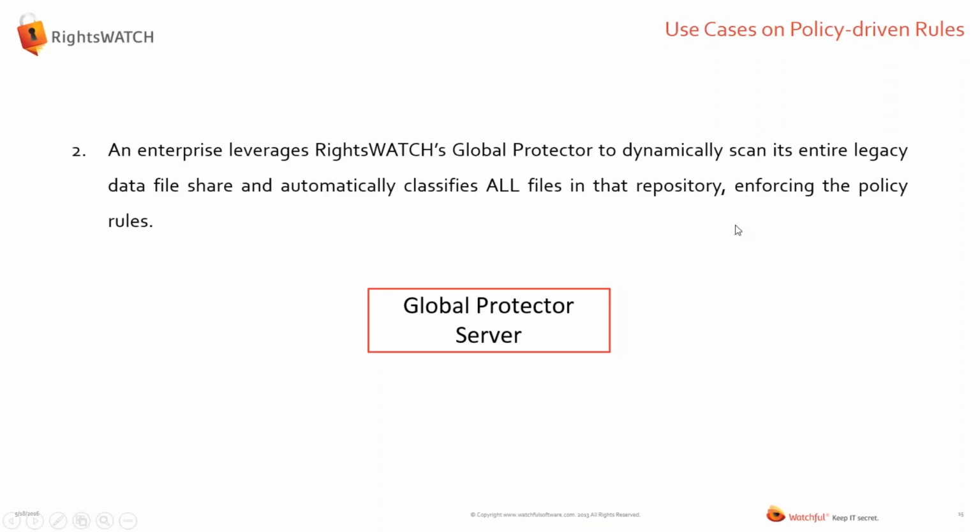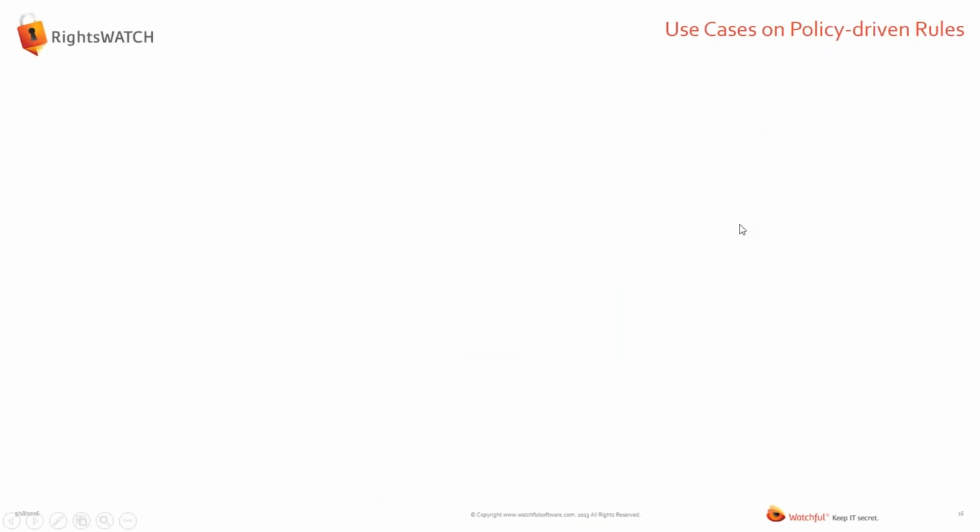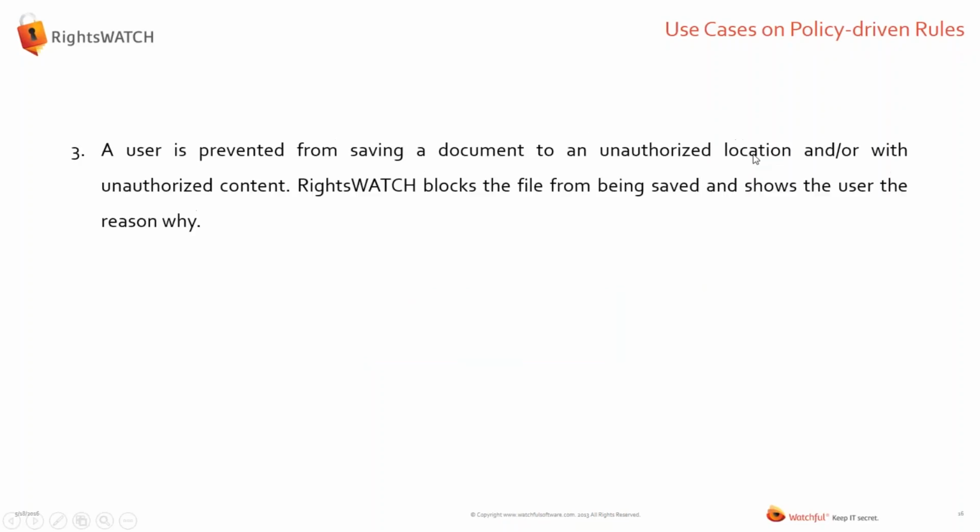Moving on to the final question. In this use case, a user is prevented from saving a document to an unauthorized location and with unauthorized content. So RightsWATCH blocks the file from being saved and shows the user the reason why.